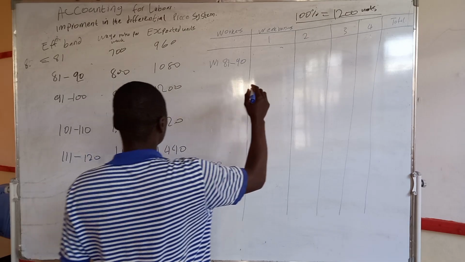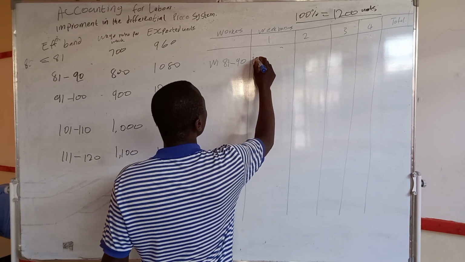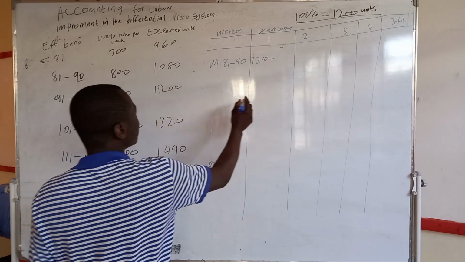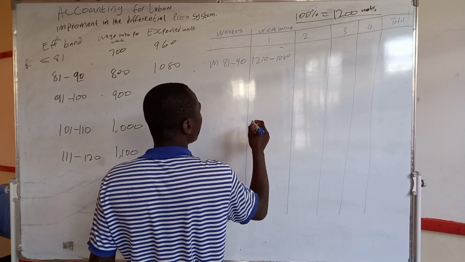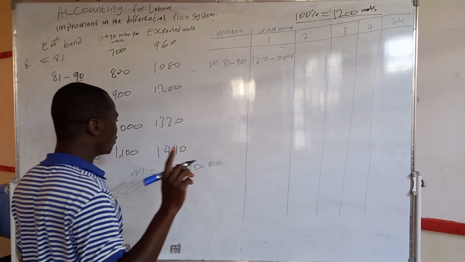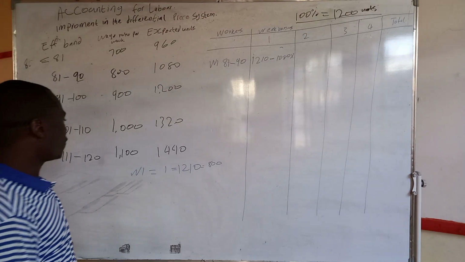The bonus will be the amount produced, 1,210, minus the expected, which is 1,080, times the amount paid per extra unit produced, which was 5 shillings.